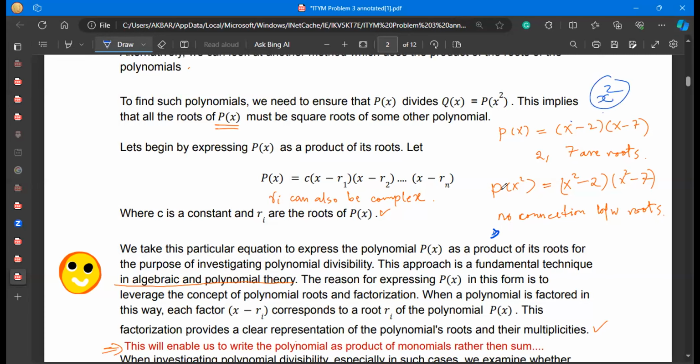This P of x square, which actually is Q of x, should now be an equation of degree double this number, which is 4. You can see that if you multiply x square and x square, it will give us x to the power 4. So what we expect is 4 roots for this equation, right?